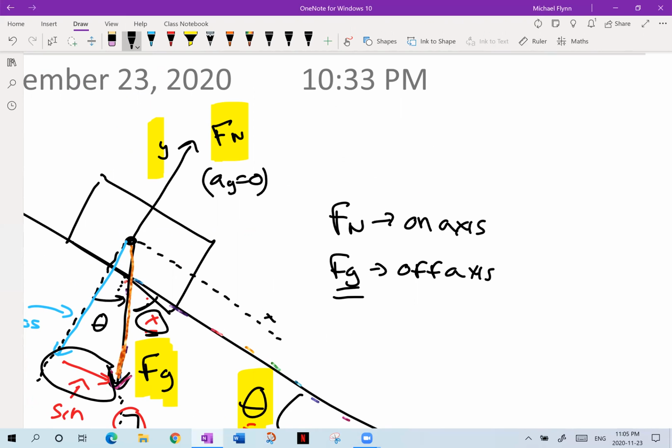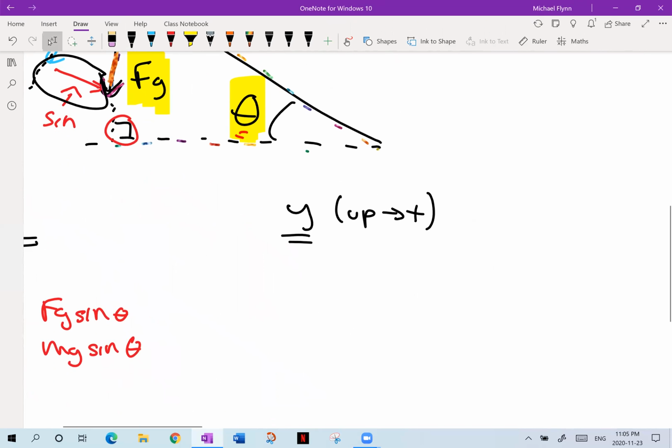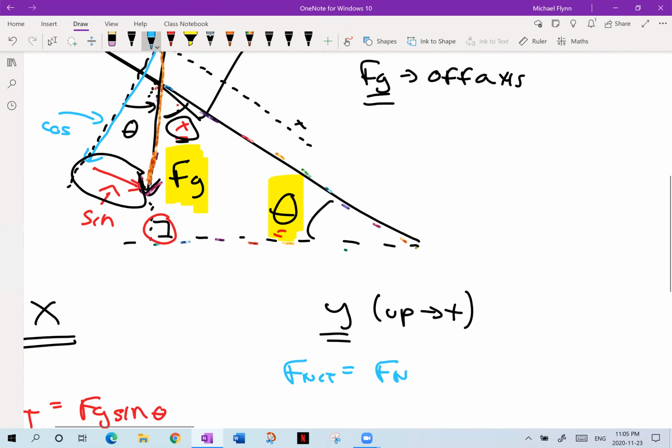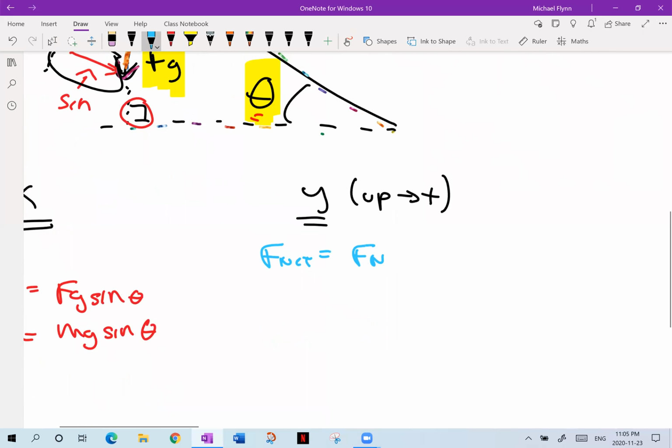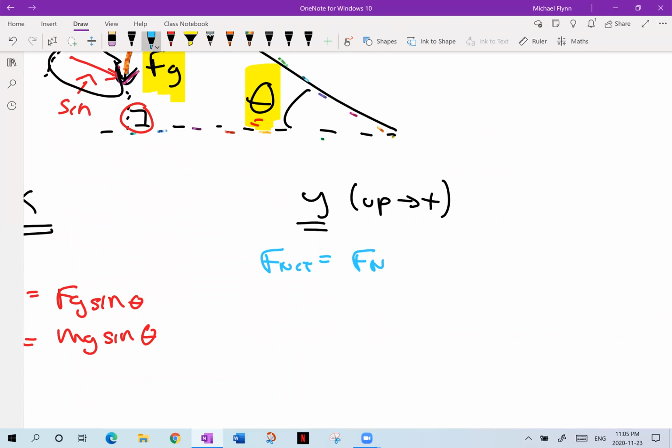Now, what we get in the y direction, first of all, there is no y acceleration. Objects are not sinking in or flying off of the hill in that sort of vertical direction. Therefore, we'll make this in blue. The net force in the y direction will equal the normal force, which is on axis and doesn't need to be broken into components, and then it's going to be minus Fg cos of theta.